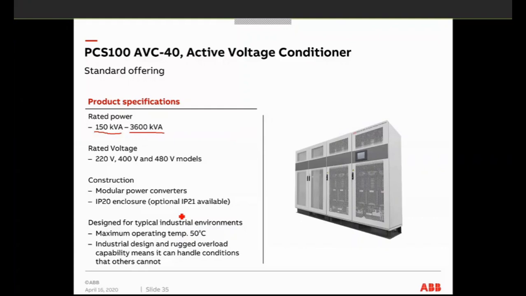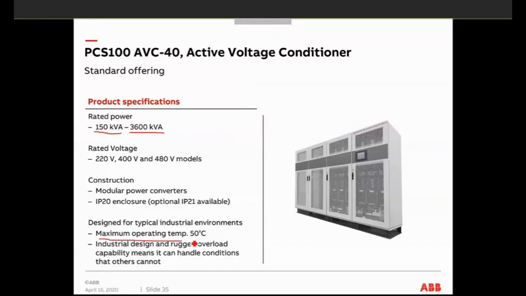So if you have a 1 MVA system, then there would be a reduction of only 150 kVA because of its modularity. So because of this modularity, and you will have this alarm, your system is still protected by 850 kVA. Okay? So this is how reliable our product is.